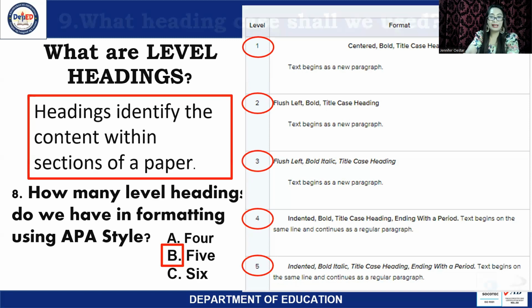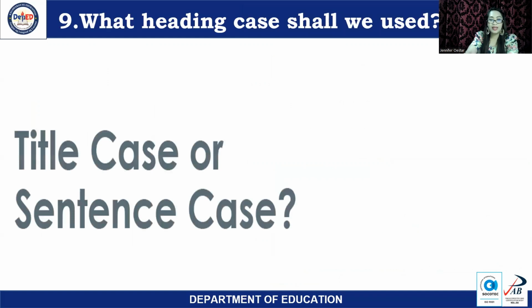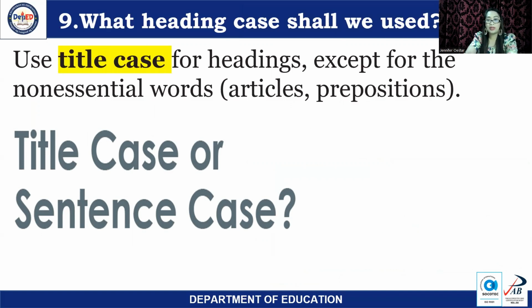Let's have the next. What heading case shall be used? Is it the title case or the sentence case? So what do you mean by this? Use title case for headings except for the non-essential words such as the articles and prepositions.